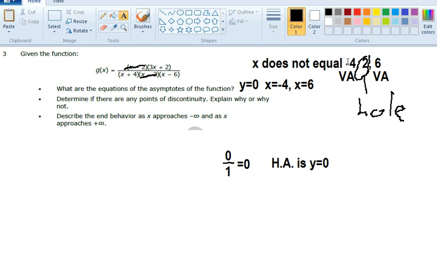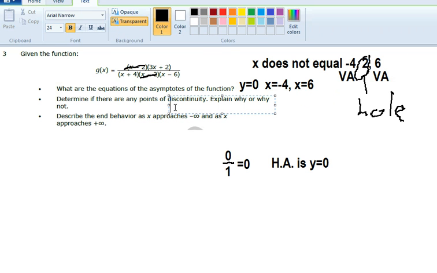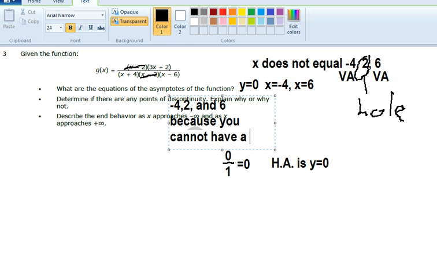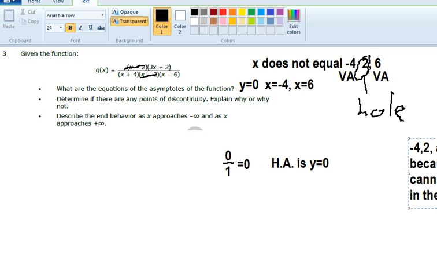Okay, well I know my points of discontinuity are negative 4, 2, and 6. So I'm going to say negative 4, 2, and 6 because you cannot have a 0 in the denominator.